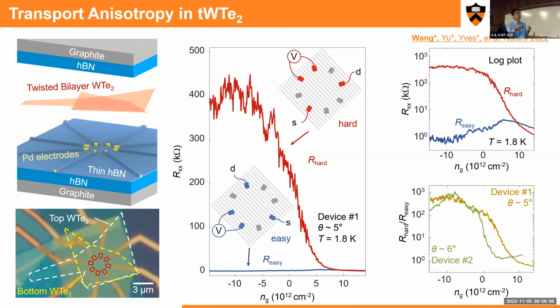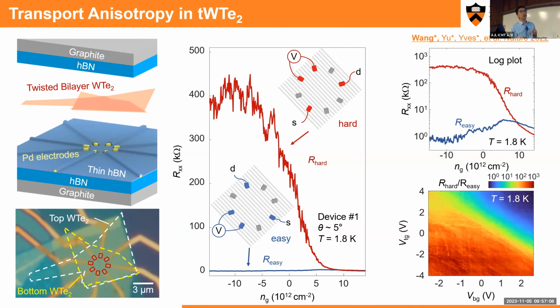So along the hard orientation over the easy orientation is around 50 for resistivity. And we can reproduce this at 5 degrees and at 6 degrees. But the lattice difference is like 1/2.